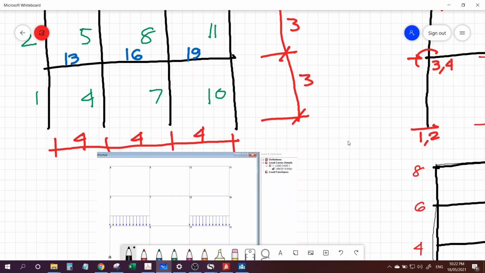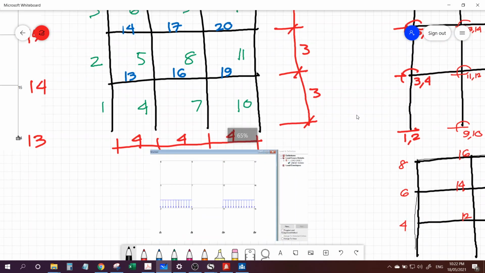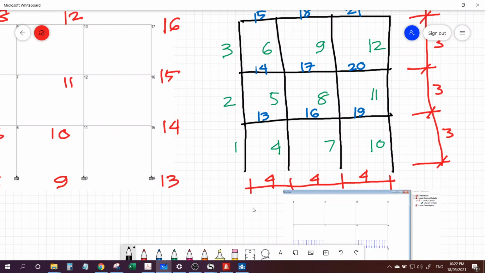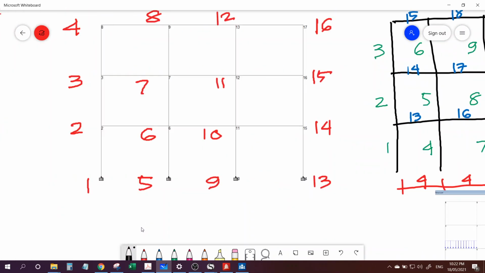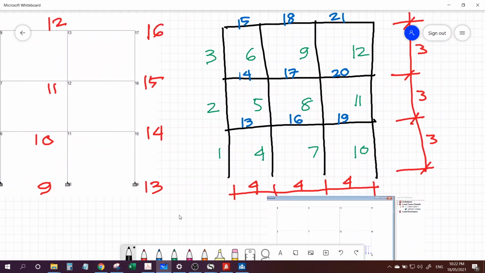So to idealize the building, this is the node numbering. I have 1, 2, 3, up to 16, so in total we have 16 joints.